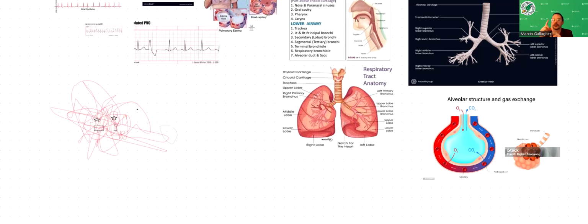So with pulse oximetry, when they put that little thing on your finger and it tells you what percentage of oxygen you have in your body, what's interesting about CO2 poisoning is that your hemoglobin will become bound to CO2 when it should be bound to oxygen, because of the high concentration of CO2 in your blood.